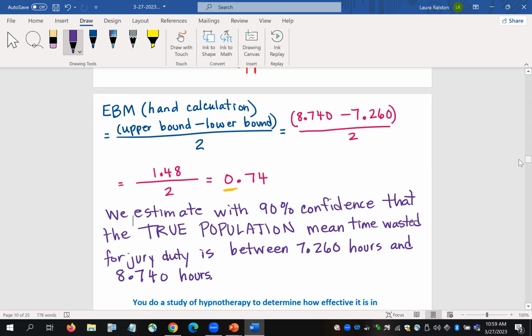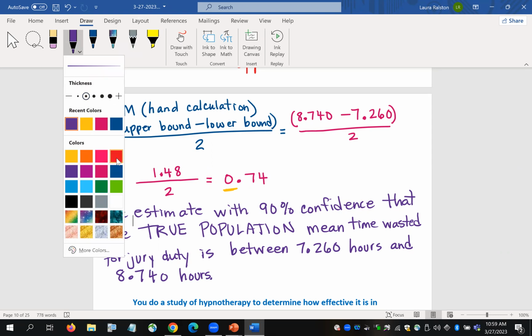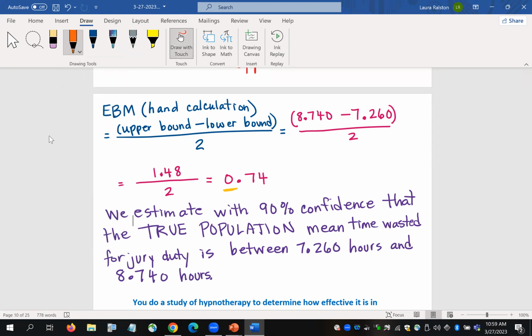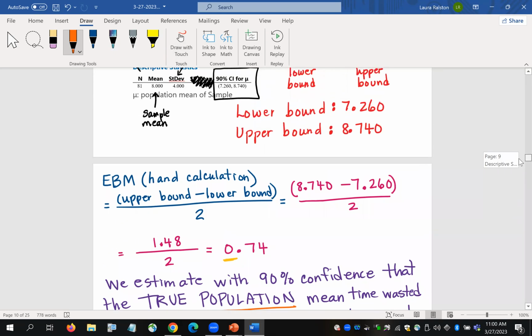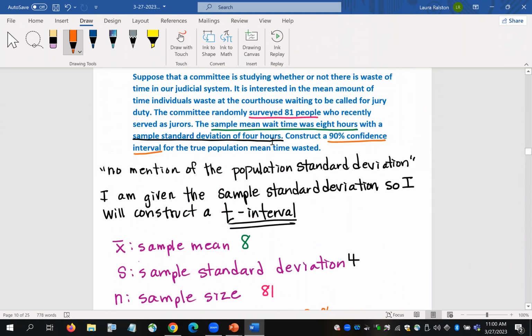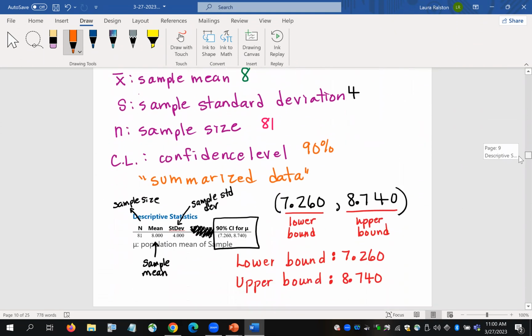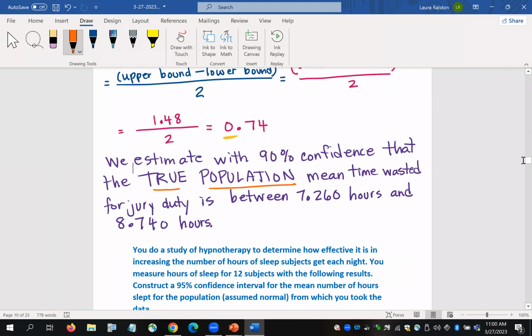Again, you have to put in that phrase, true population, because if you notice how the question is worded, it says true population mean. Questions?